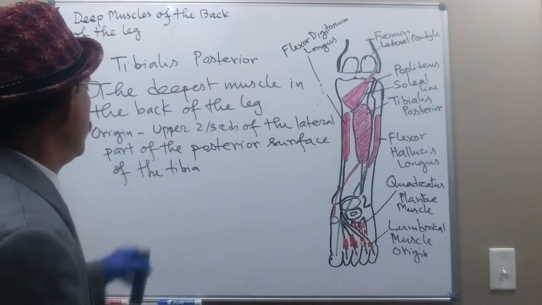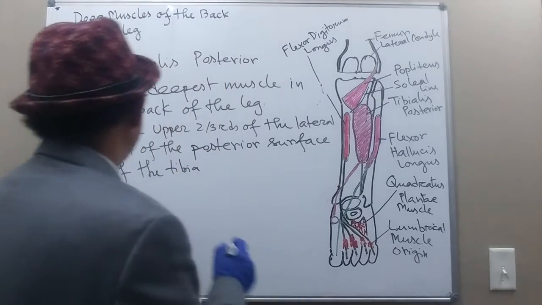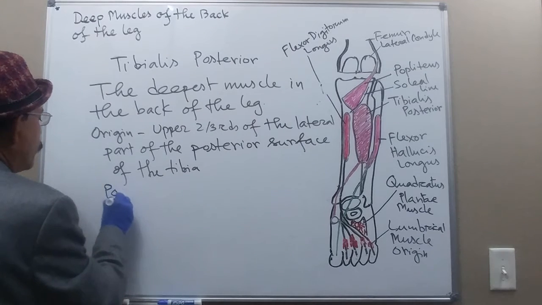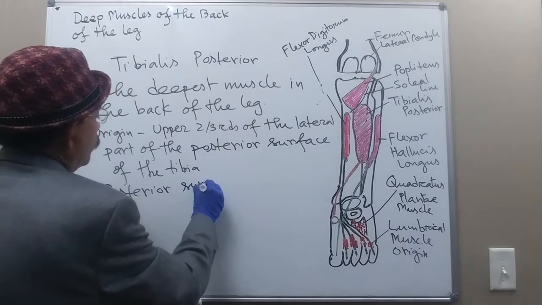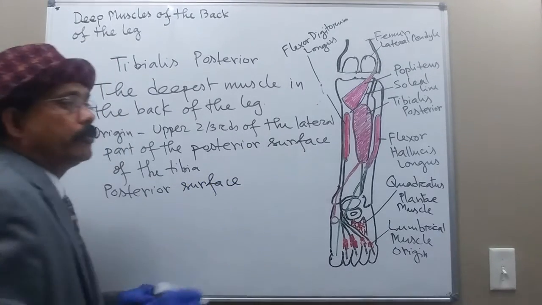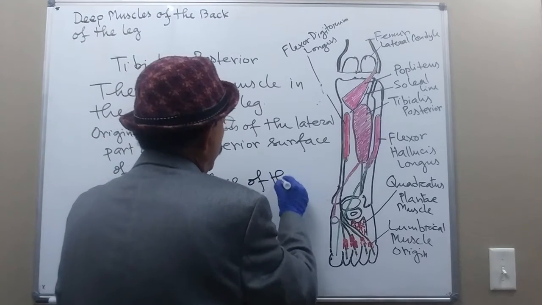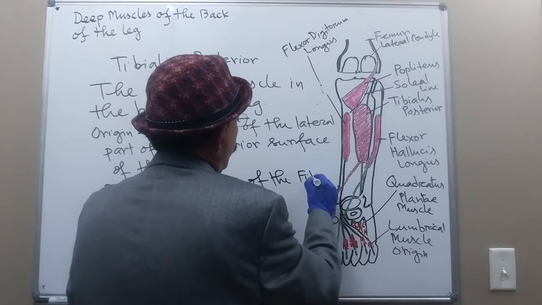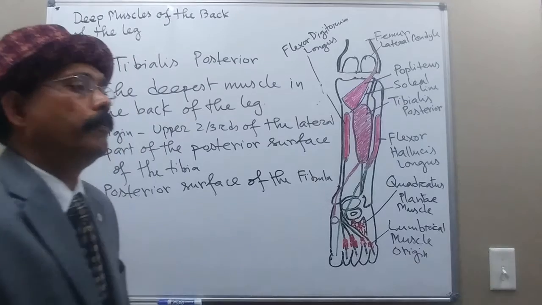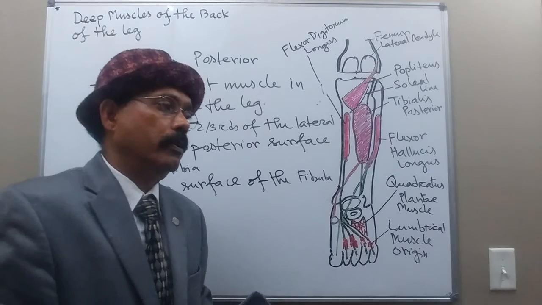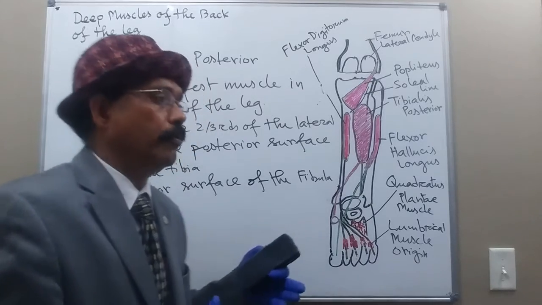We got the origin of the tibialis posterior, and also it takes origin from the posterior surface of the fibula, in front of the medial crest of the fibula.